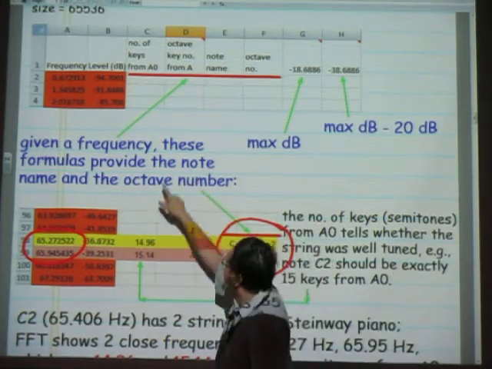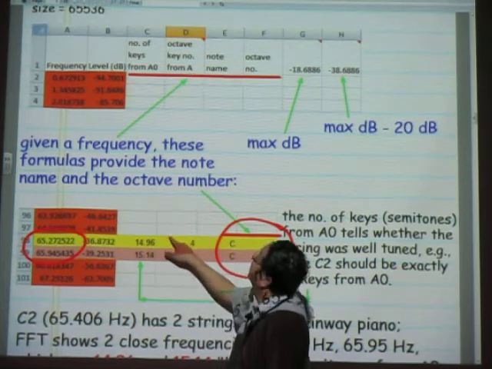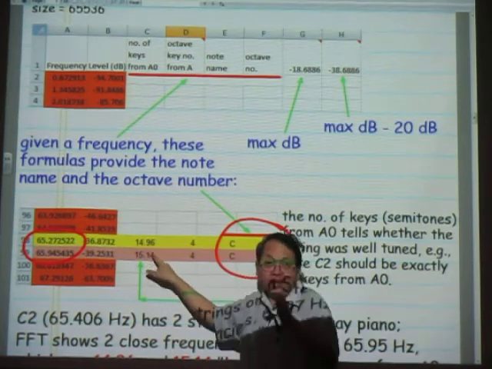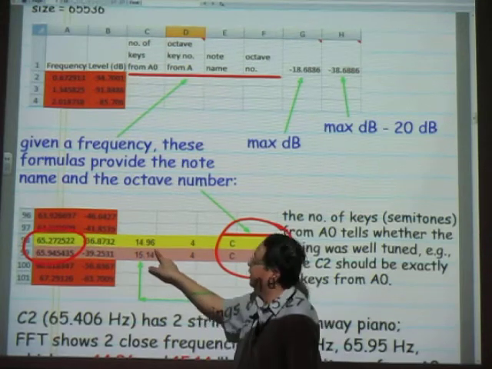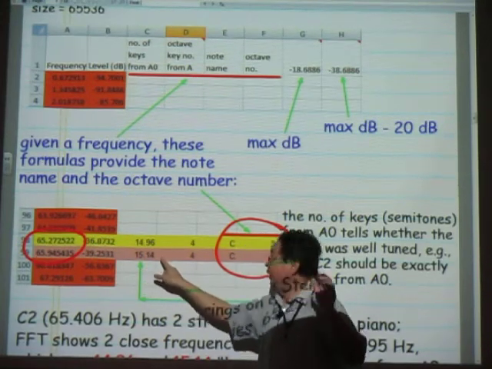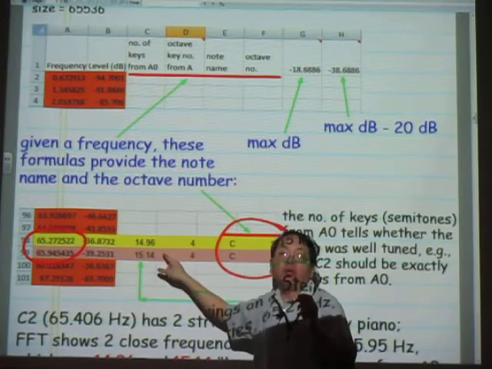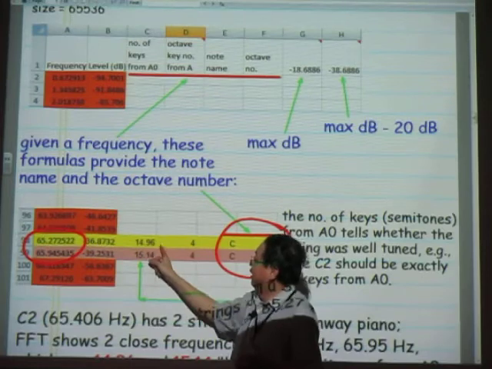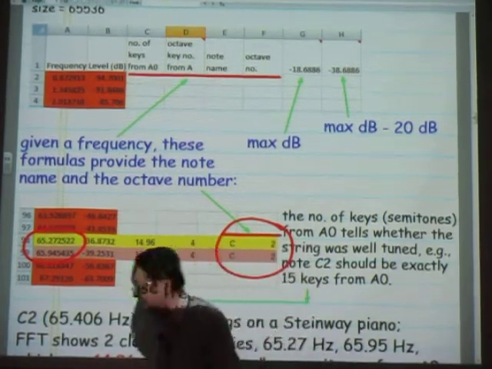This column represents the number of keys or semitones from A0. If this number is not exactly an integer, that means the piano string or the guitar string would be mistuned. If exactly tuned, then this number would be exactly an integer.